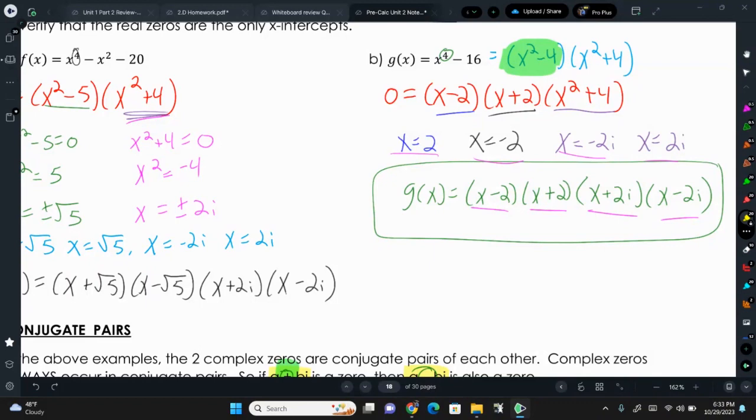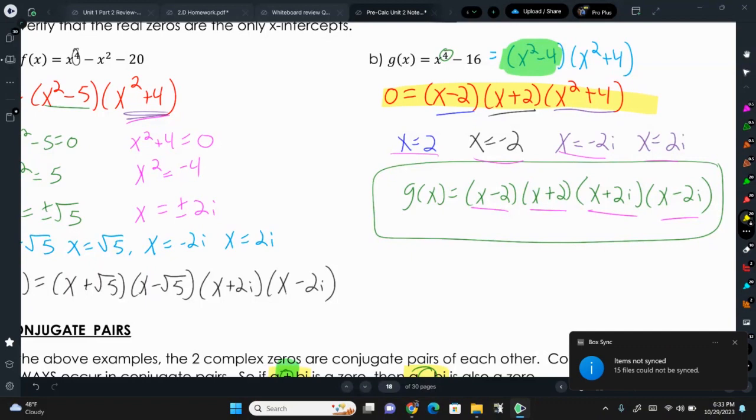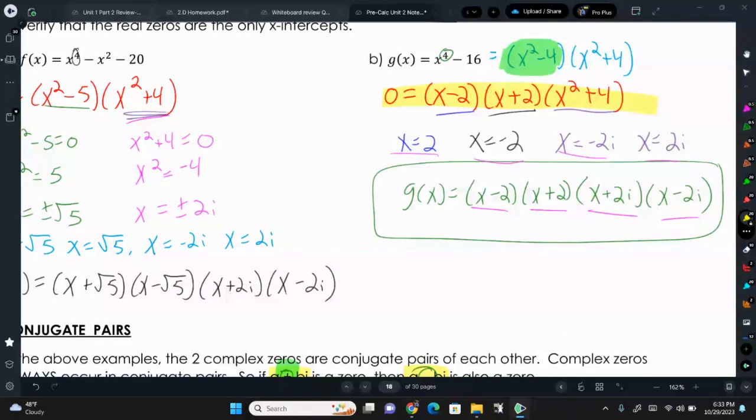So what we did yesterday, this right here, that is a factored form that is irreducible over the rationals because we have our two factors, x minus 2, x plus 2, that have rational solutions, but x squared plus 4 does not have a rational solution, so we can't factor that any further and get a rational zero.